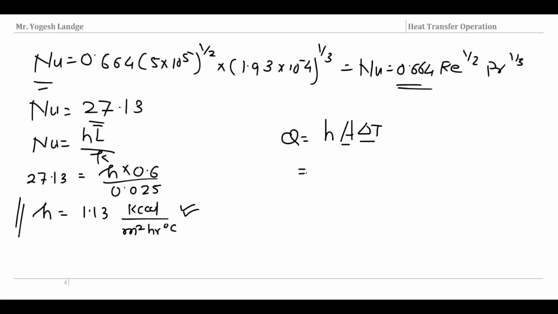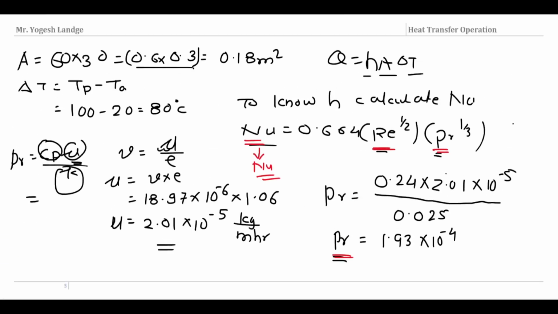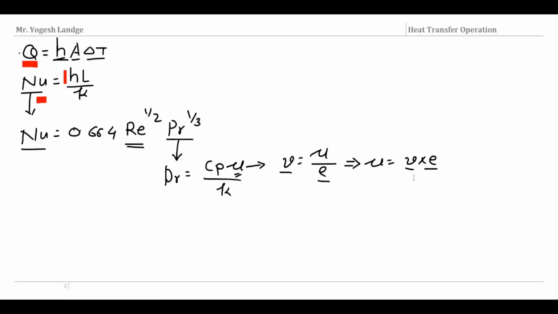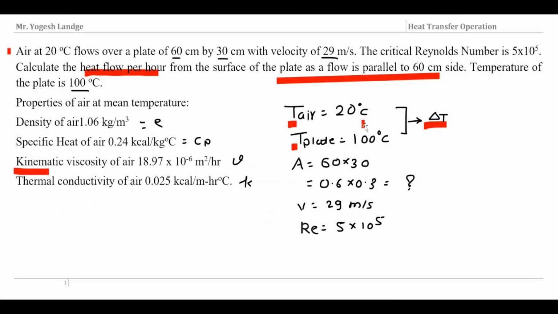So putting in all these values, h is 1.13, into the area 0.6 by 0.3, multiplied by delta T, the temperature difference, 100 minus 20, that is 80. We already calculated that from the previous case; delta T is from here, and area is from here.